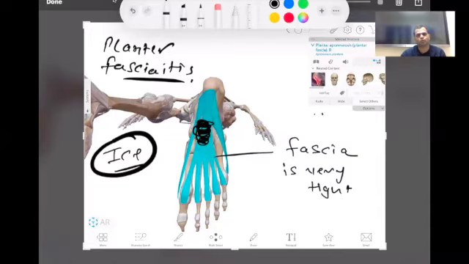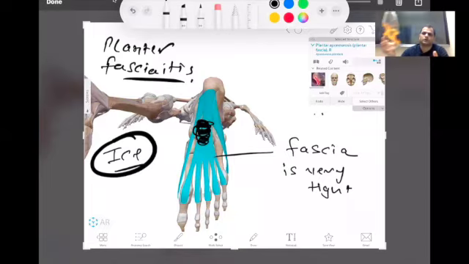So we can apply the ice in this part, because this is the inflammation of the fascia. So we are applying the ice here. Or we can fill the water in the bottle, keep it in the refrigerator, and roll the bottle here on the fascia.